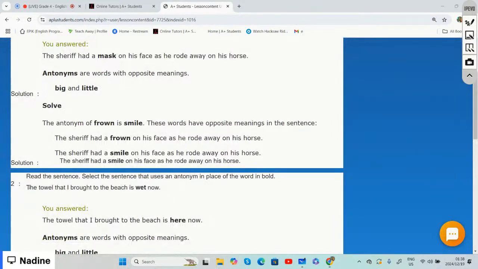It says here, the towel that I brought to the beach is wet now. What is the opposite of wet?